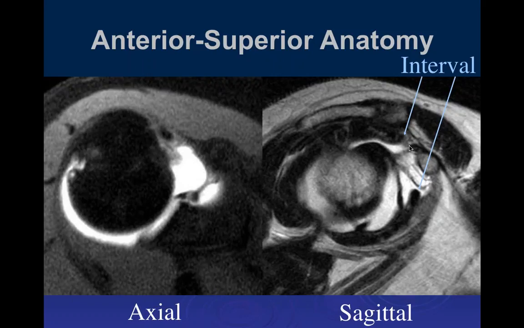In here, there are a number of different structures which are important. Now in the sagittal plane, here we actually have the superior labrum, which you can see on the axial image here, and on the sagittal image there. And then there's the middle glenohumeral ligament. The middle glenohumeral ligament will come off here and extend inferiorly and anteriorly.